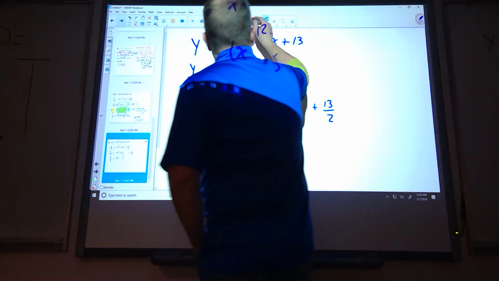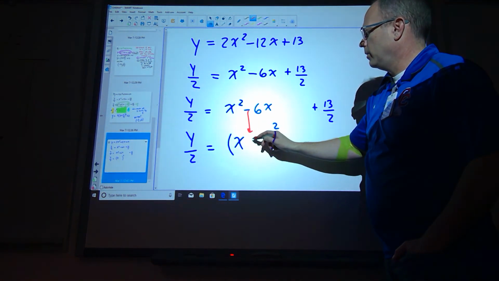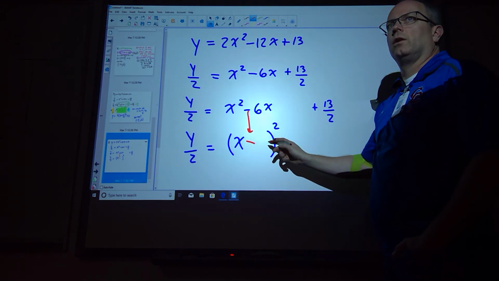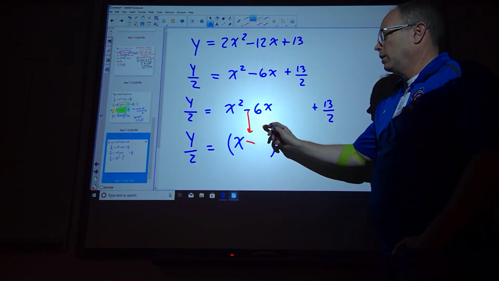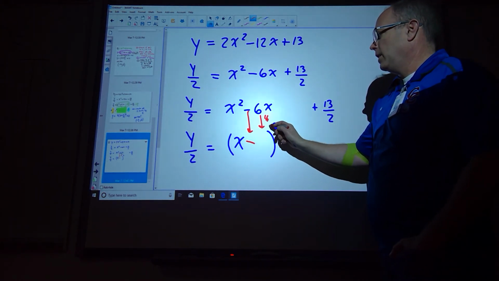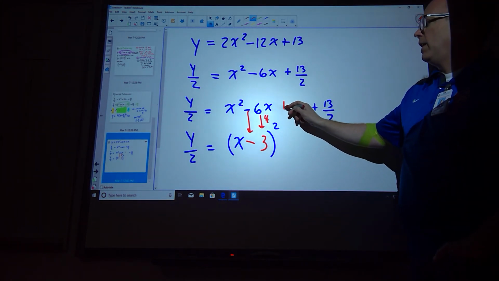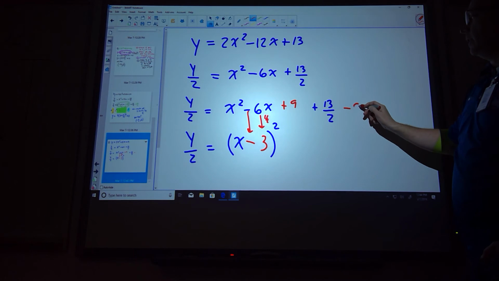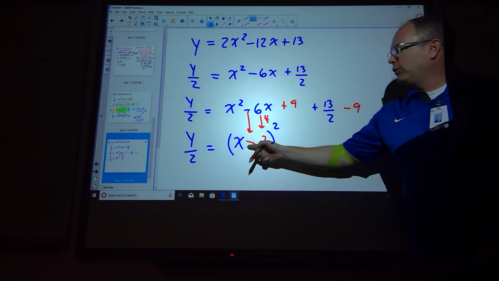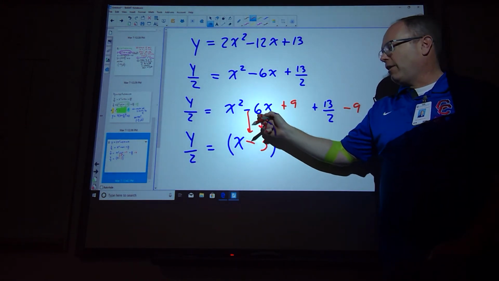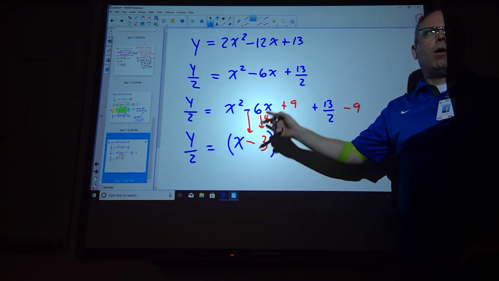Ready? This sign comes down. What's half of 6? 3. So I take half of that. I get 3. What's 3 squared? 9. If I add 9, I also subtract it. Look at that. I didn't even have to do any math. It's done. Like half of that right there. Every time. All day long.